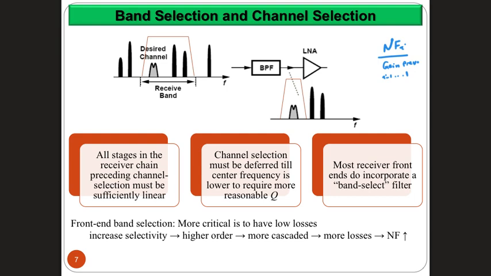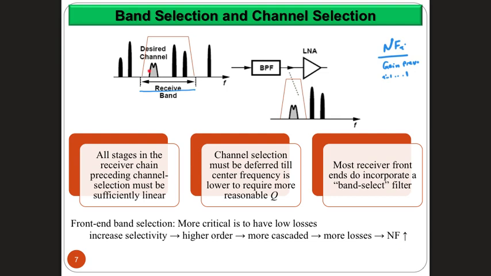So that's why the issue is, if we want to increase the selectivity of the receive band selection filter, this means that we need higher order filters. Higher order filters means more cascaded components. More cascaded components means more losses. More losses means we are affecting the overall noise figure badly.